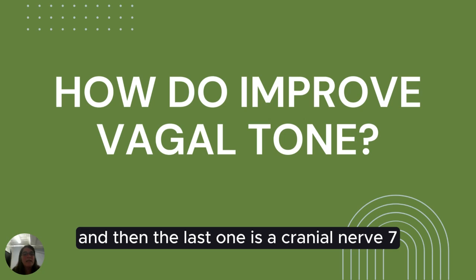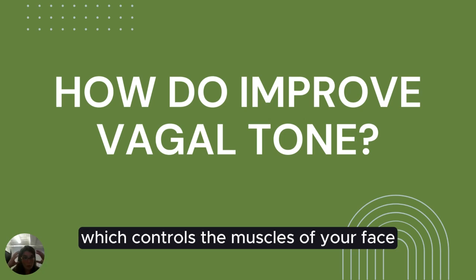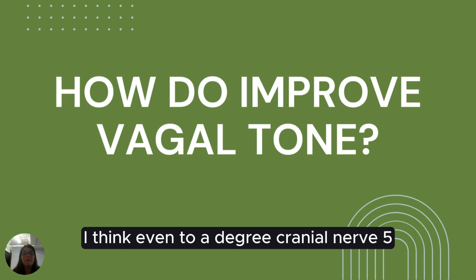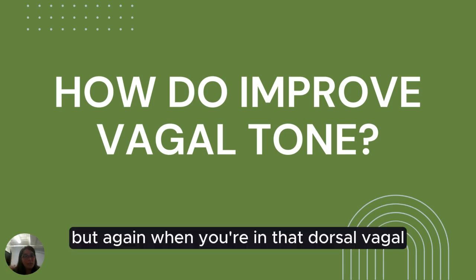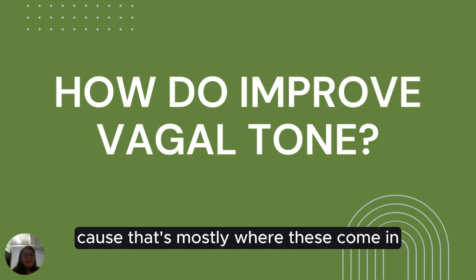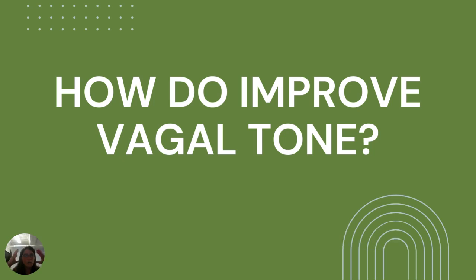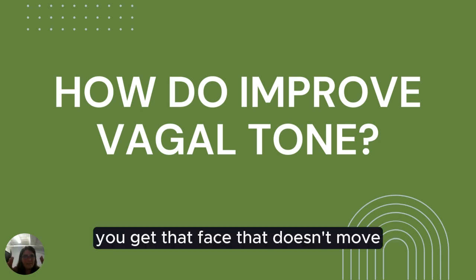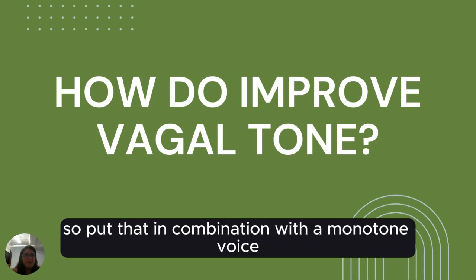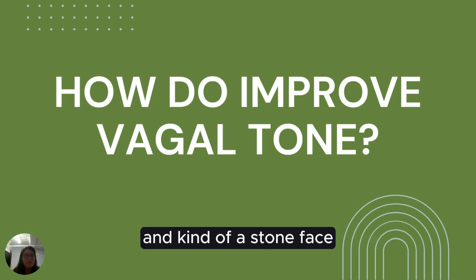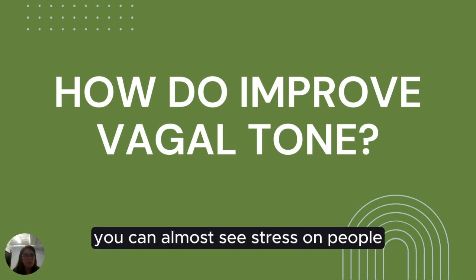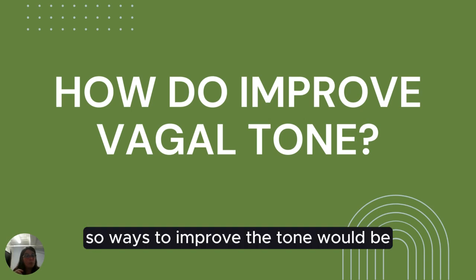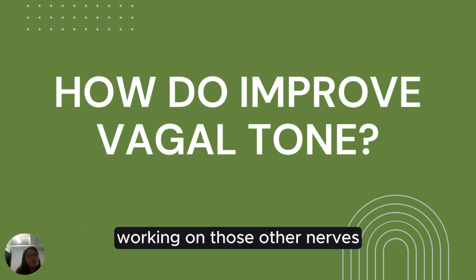And then the last one is cranial nerve 7, which controls the muscles of your face, and I think even to a degree, cranial nerve 5. When you're in that dorsal vagal, because that's mostly where these come in, you get a face that doesn't move. Put that in combination with a monotone voice and kind of a stone face, and you can almost see stress on people. So ways to improve the tone would be working on those other nerves as well.